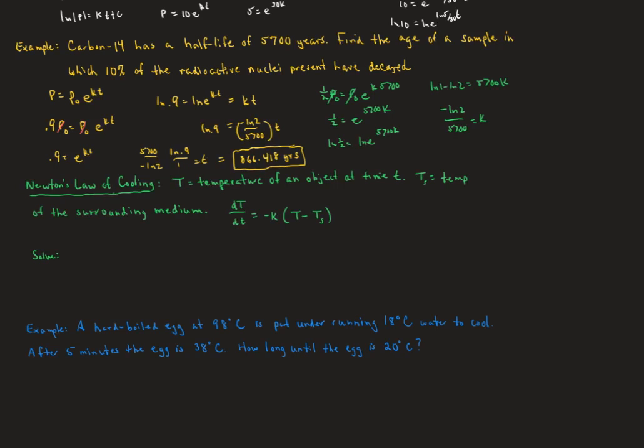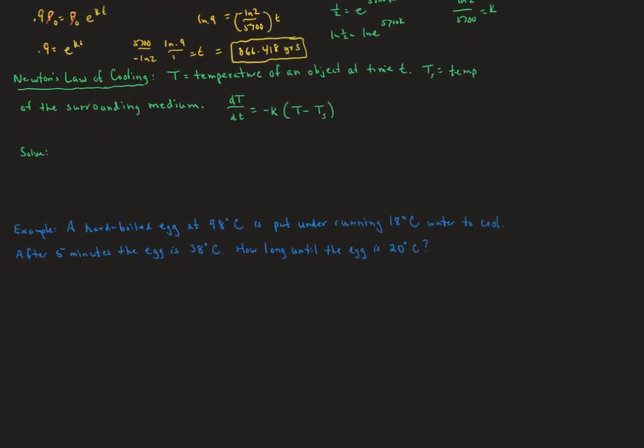All right, Newton's law of cooling. Let's take a look at that. Newton's law of cooling says that the temperature, capital T, of an object, which we're going to measure in degrees centigrade, and time is going to be little t. So capital T is temperature, little t is time. Capital T sub s is the temperature of the surrounding medium. Is it the air that it's in? Is it in water, or whatever it might be?